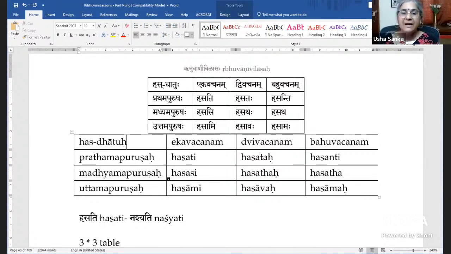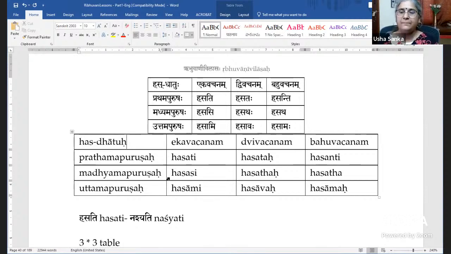We remember by our minds, not by hearts, because the heart is the center of emotions and other things. Mind is the center of thoughts and knowledge and all these learnings. So keep it in your throat. So let it stay here. With closed eyes, we should be able to recollect this table so that we can apply whatever form we want. For example, we want to say he is laughing.